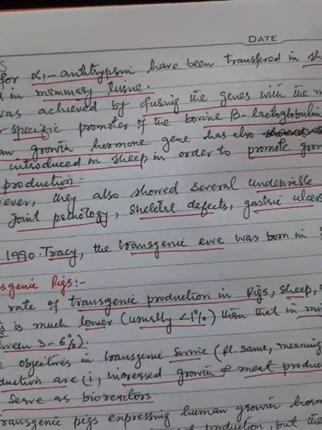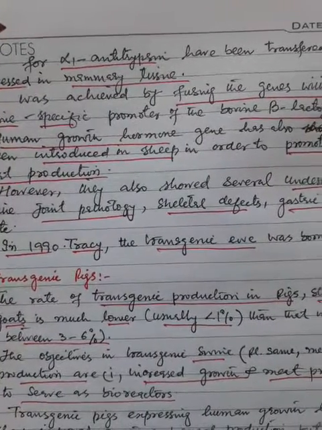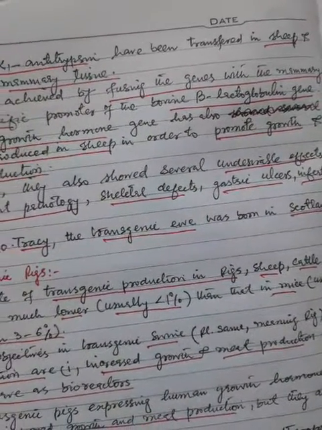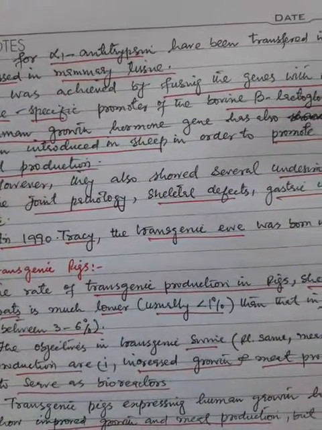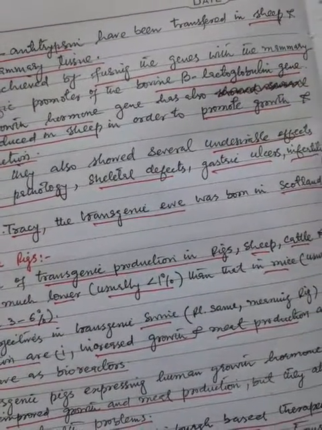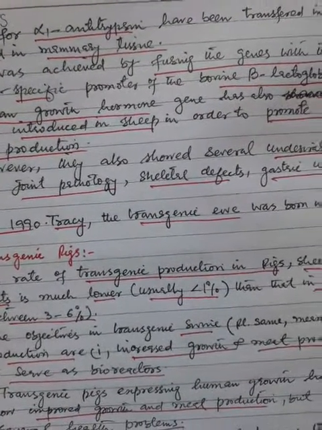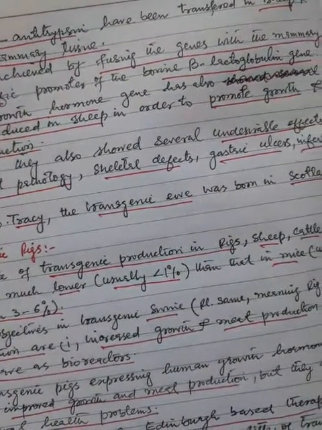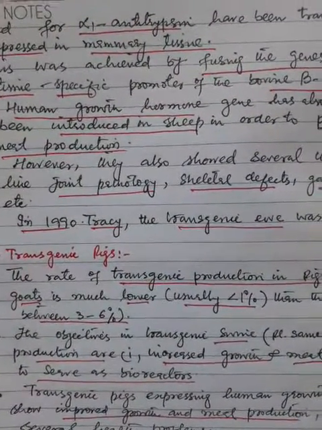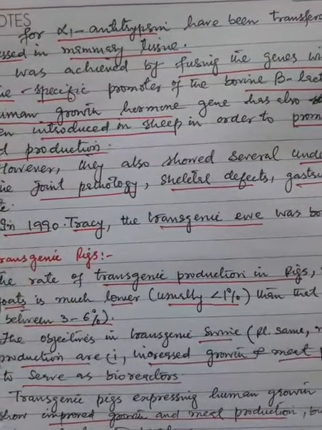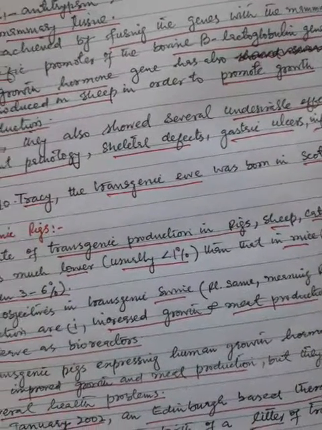Human growth hormone gene has also been introduced in sheep in order to promote growth and meat production. However, they also showed several undesirable effects like joint pathology, skeletal defects, gastric ulcers, infertility, etc. In 1990, Tracy, the transgenic ewe, was born in Scotland.